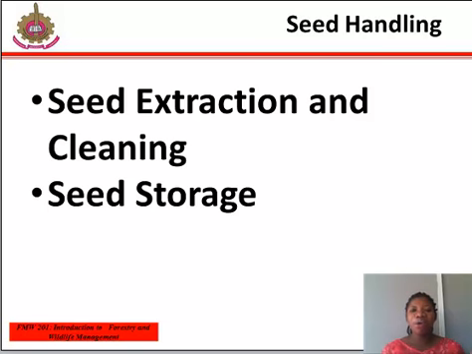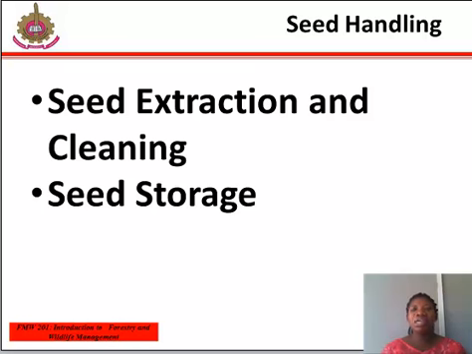The particular method adopted depends on the species as well as the facilities available to those doing the extraction. Good seeds are sorted from impurities by picking, floating, and sieving or winnowing.